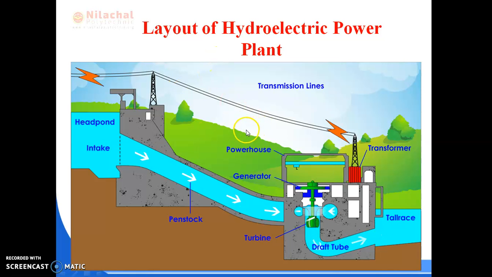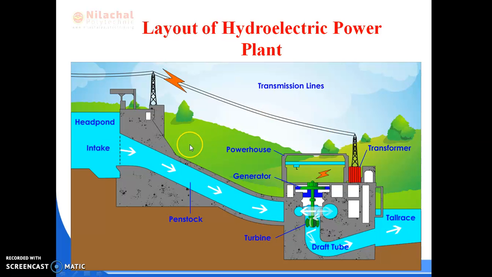A dam is the place where we collect the water from different catchment areas. Catchment areas means areas where we store the water, like rivers, ponds, and different canals. We allow the water to flow into the dam, and inside the dam we store the energy of water.